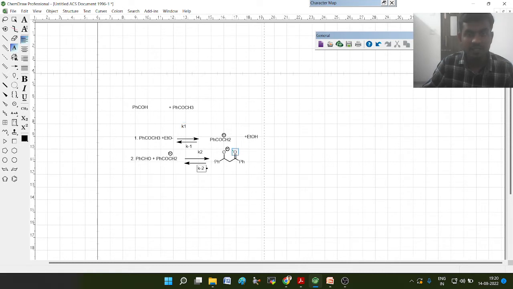The third step is where this anion will undergo an acid-base reaction, one simple reaction.